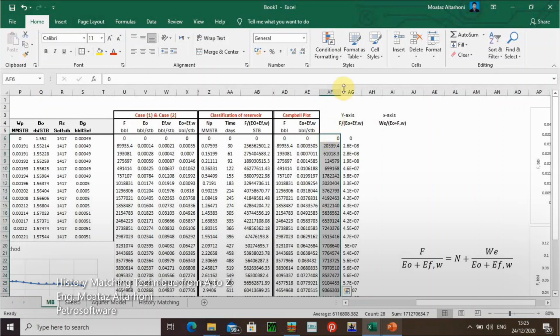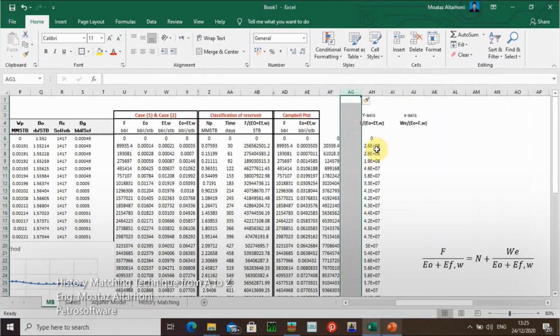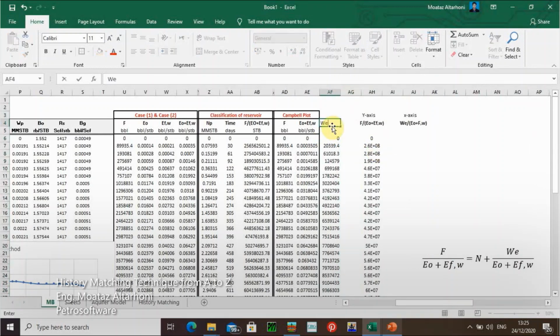WE model, barrel. Here in F, okay, I don't need to change them because here I have barrel divided by barrel per stock tank barrel.